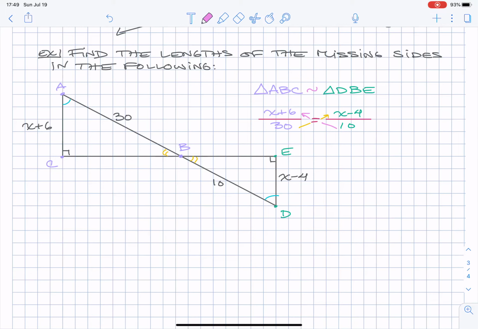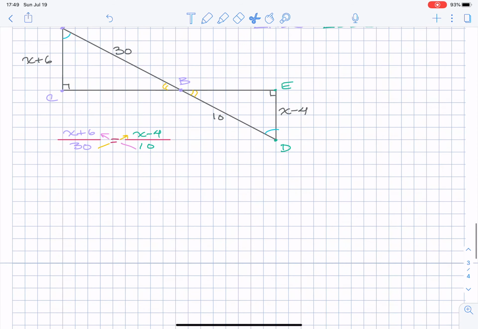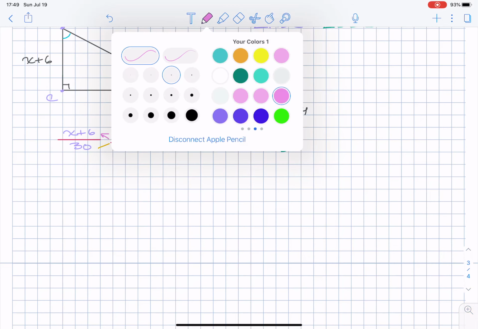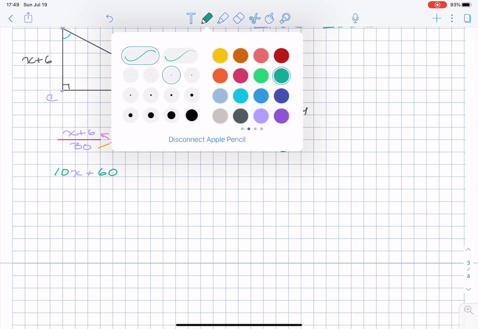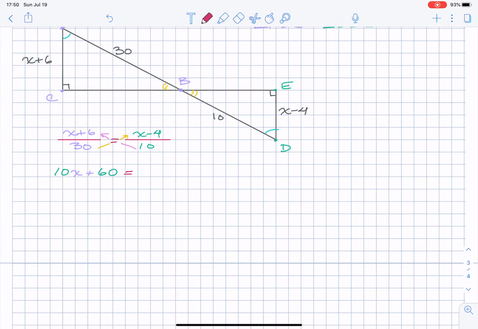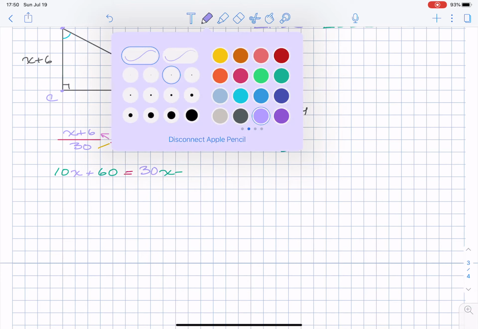Okay, maybe I should have put this somewhere else. Let me move this down to where I have a bit more room. So let's cross multiply. What I get then is 10x plus 60. If I multiply the left-hand side by 10, that's going to be equal to 30x minus 4 times 30, and so that's 120, right?